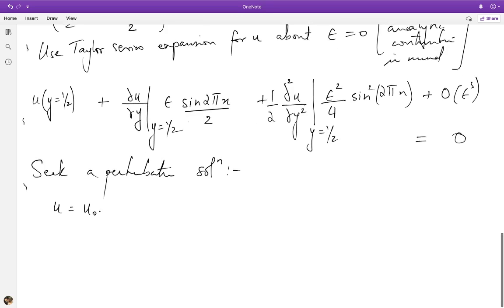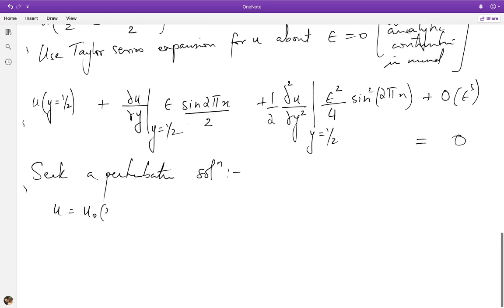Alright, so the solution I seek now will be U is U naught, which is of course a function of x and y, but not epsilon, right? Because epsilon's dependency is in the power series itself. Plus epsilon square U2 of x comma y, and higher order terms.